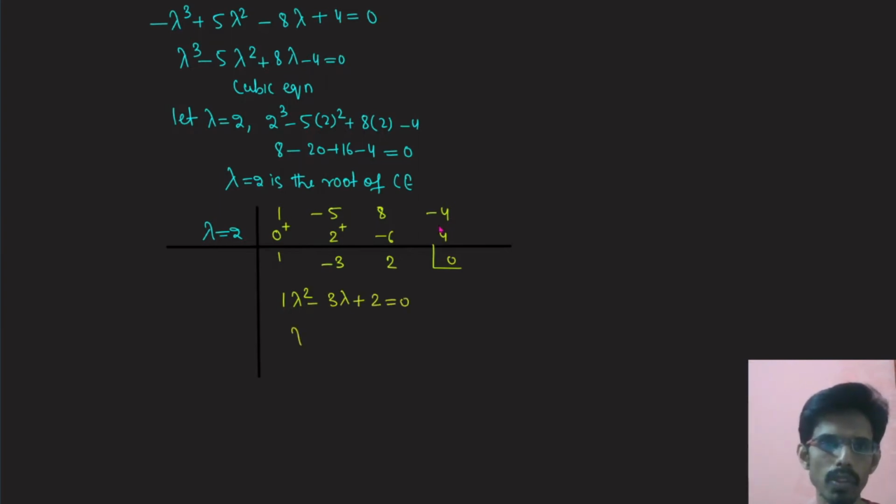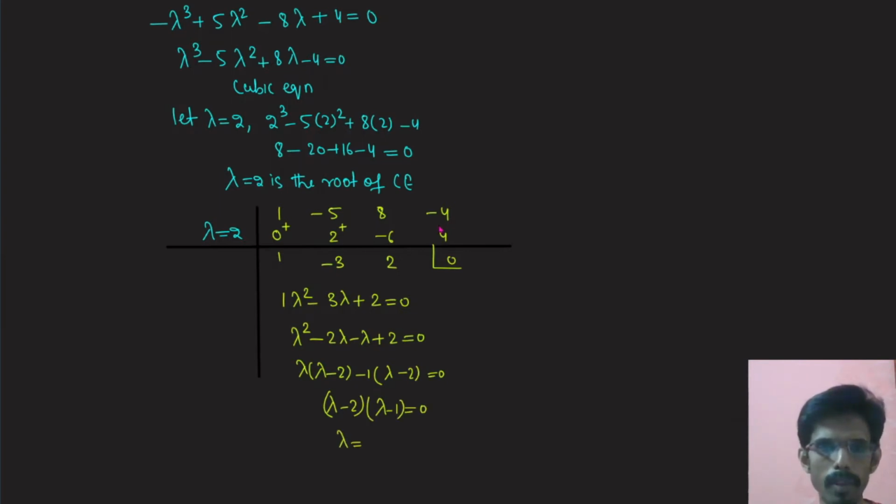Now factorize this. We have lambda square, this 3 lambda can be written as 2 lambda minus lambda, plus 2 equal to 0. Take lambda common, we have lambda minus 2. Take minus 1 common, we have lambda minus 2 equal to 0. So lambda minus 2 is common, we are left with lambda minus 1 equal to 0.